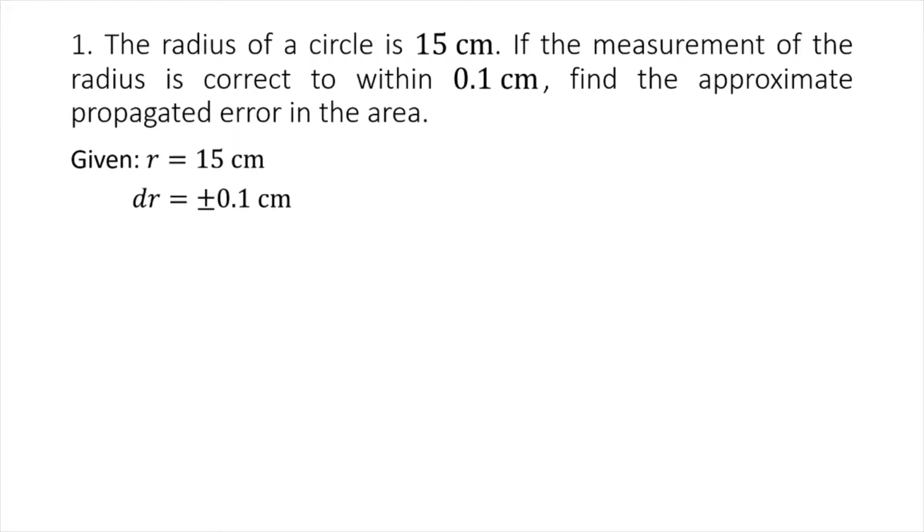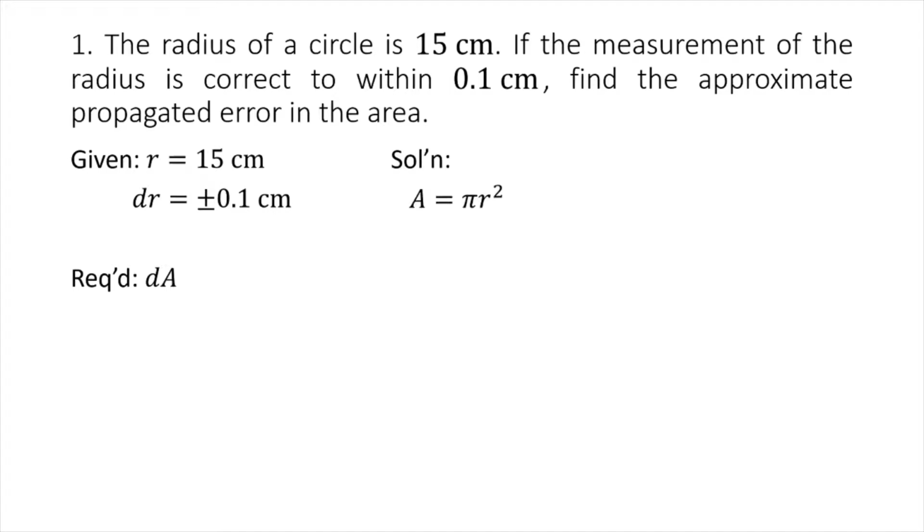Required: since we are asked to find the approximate propagated error in the area, this is represented as dA, the differential of the area, the error which results from the error in measuring the radius.